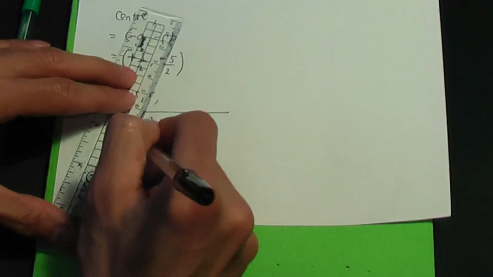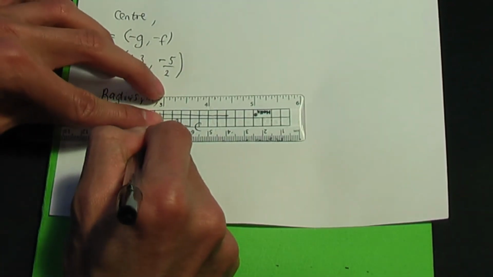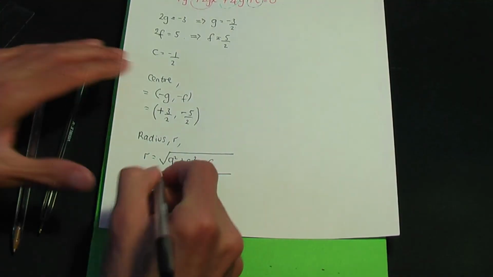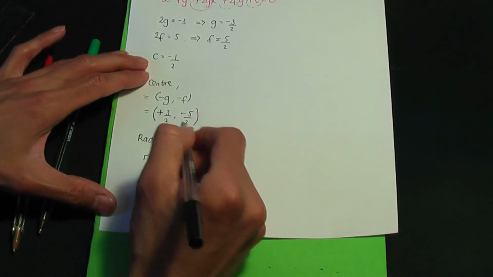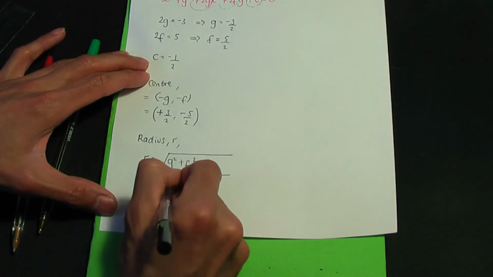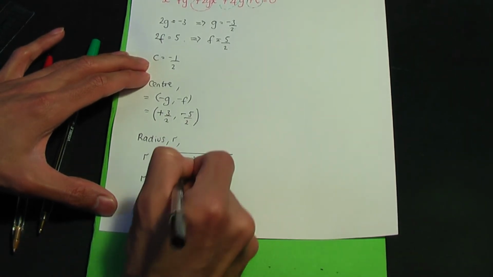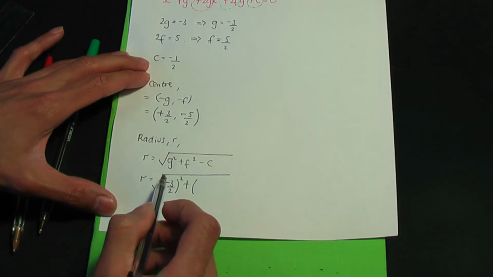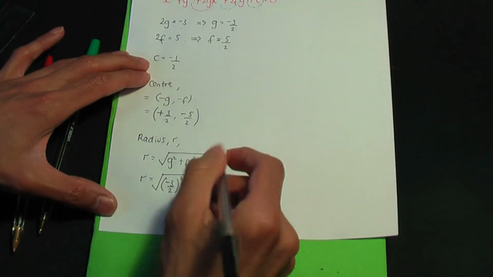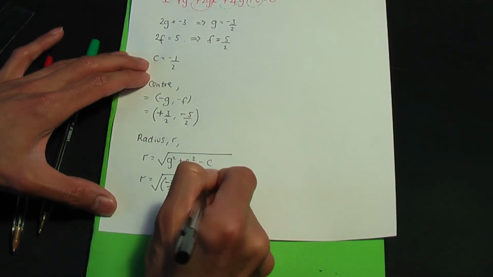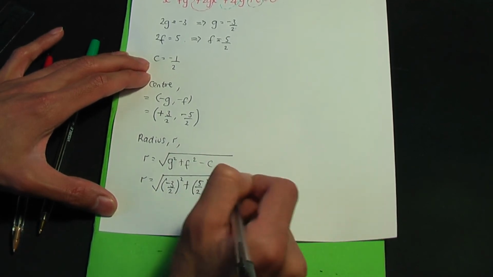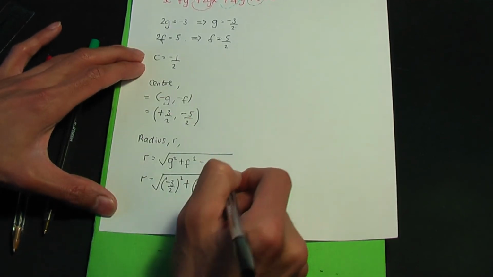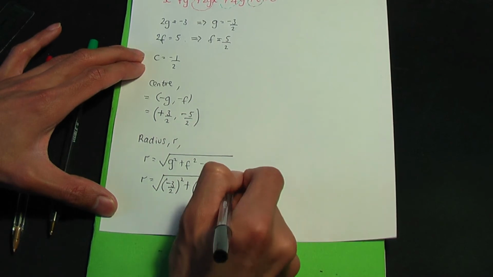We have the values of g, f and c, so let's apply them. g is minus 3 over 2, so minus 3 over 2 squared, plus f is 5 over 2, so 5 over 2 squared, minus the value of c, which is minus half.